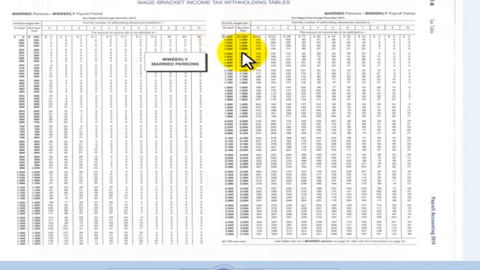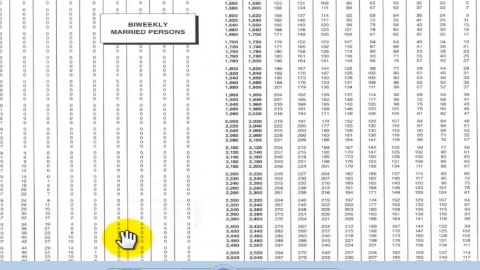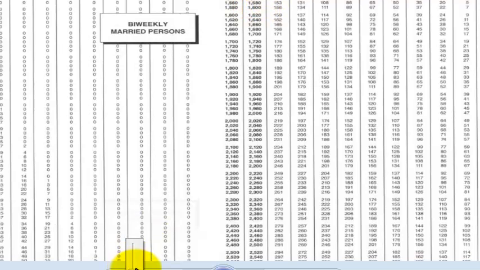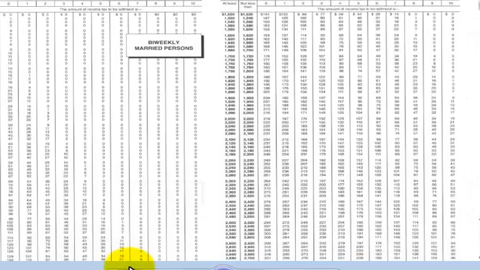And then she has 4 withholding allowances. I'm going to try to zoom a little bit. There it goes. Good. All right, so we've got 1,544, and we're in this line, the third down, and then we've got 4 withholding allowances. Here's 0 withholding allowances, 1, 2, 3, 4.